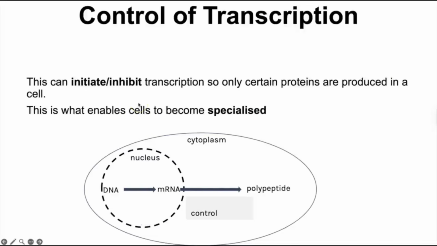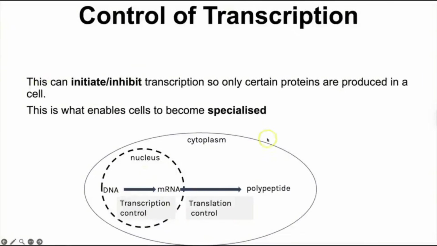So we've talked about this use of transcriptional factors in induced pluripotent stem cells, but we haven't gone through what that means. So you can control transcription. You can also control translation, but we're just going to focus on how you can control transcription first, meaning you can prevent it from happening or initiate it to happen.